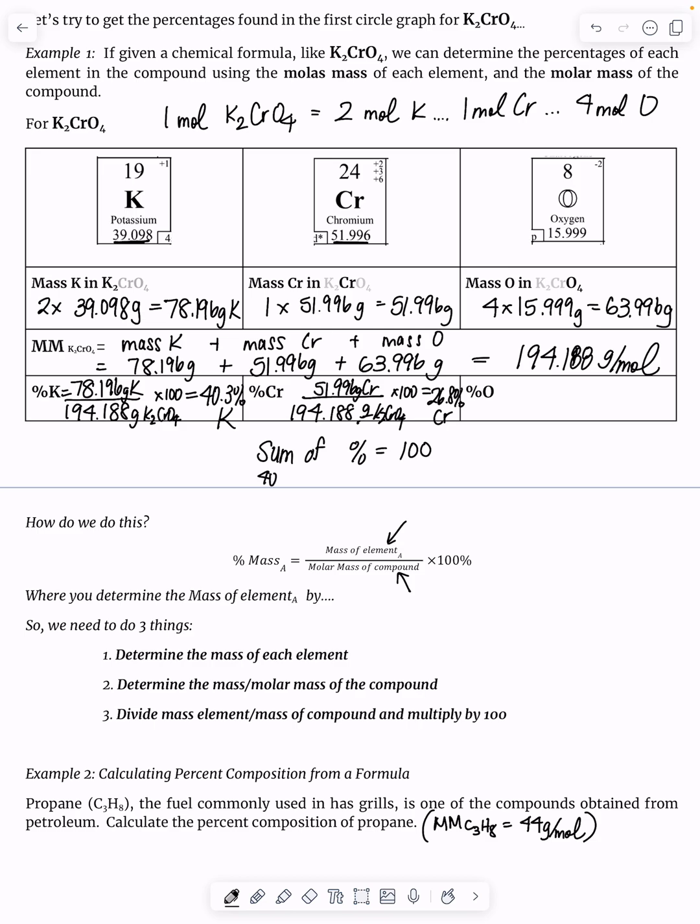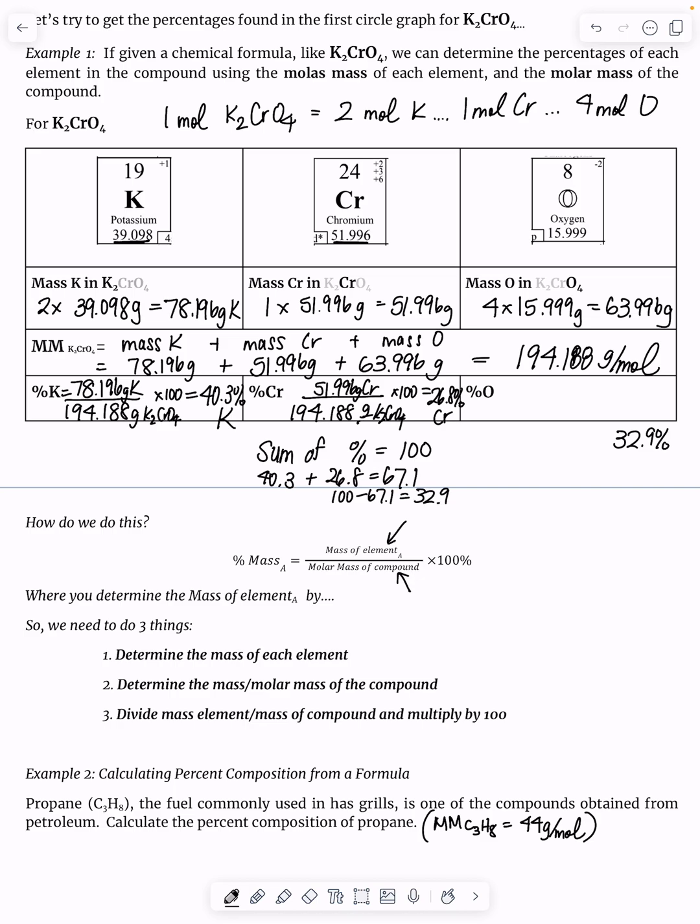So I could do 40.3 plus 26.8, and I get 67.1. If I subtract 67.1 from 100, that's got to be the percentage of oxygen, which is 32.9%.